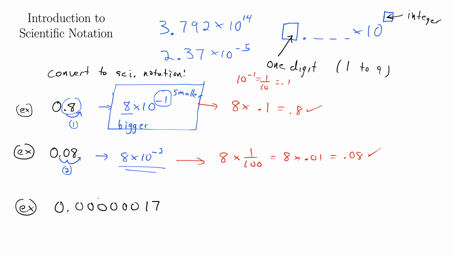I just see a bunch of zeros, it's small. So let's convert that to scientific notation: 1, 2, 3, 4, 5, 6, 7. We do it until there's 1 digit to the left of the decimal. So 1.7 times 10 to the negative 7. This number got bigger. That really small number became 1.7, so then we have to take that back off with this negative exponent. There we are.